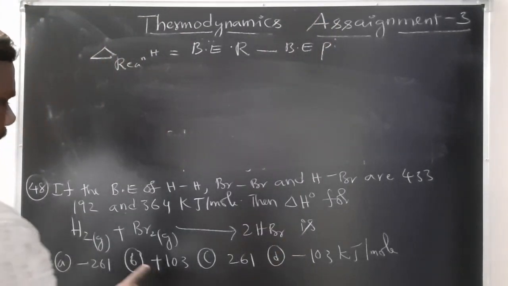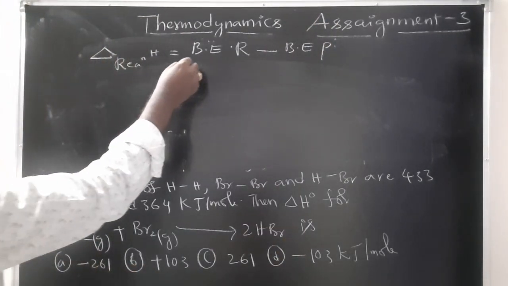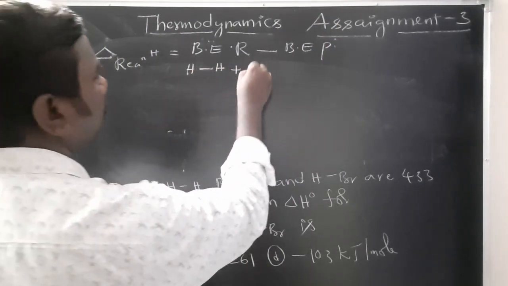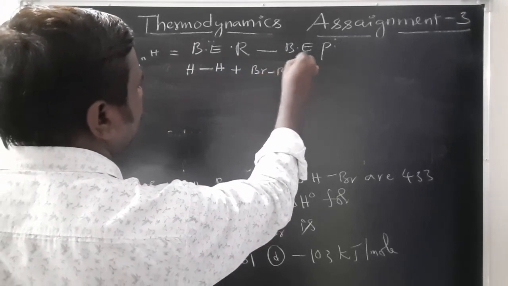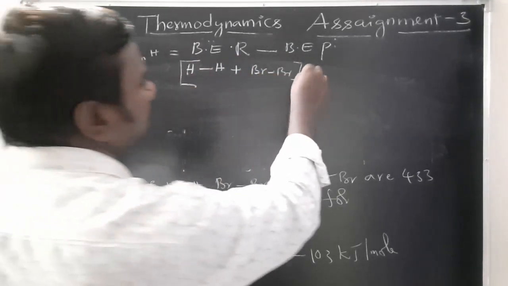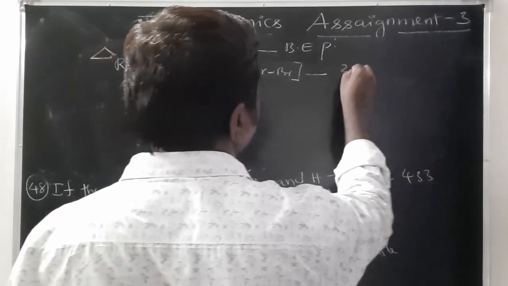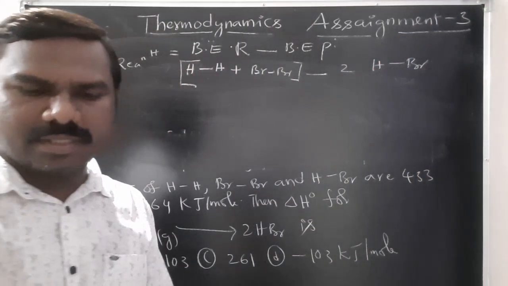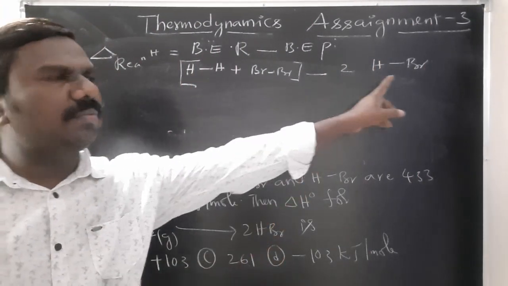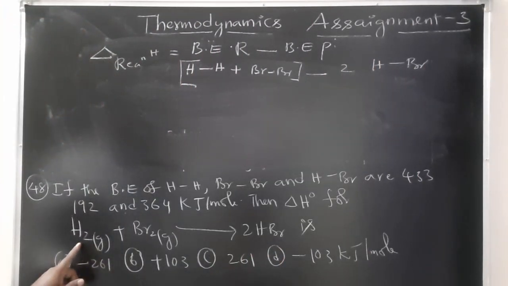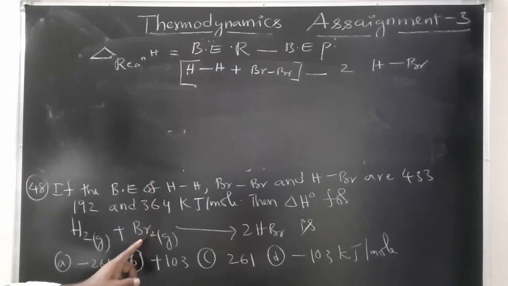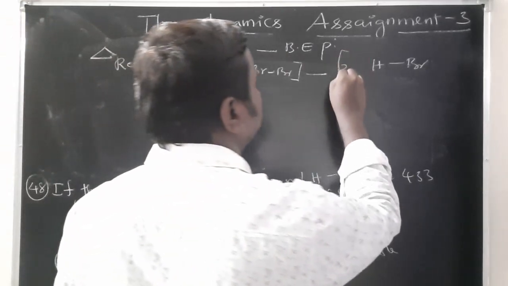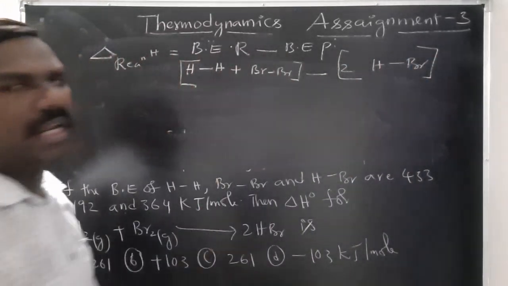Reactants, what are they? Hydrogen, HH bond, plus Br2, meaning Br-Br bond should be broken, minus 2 into HBr bond. Right, students? HBr means HBr bond formed. H2 means HH bond broken. Br2 means Br-Br bond must be broken. These are products and these are reactants.